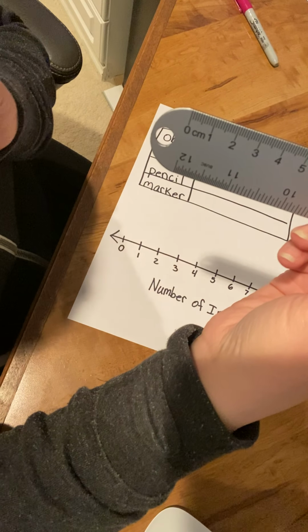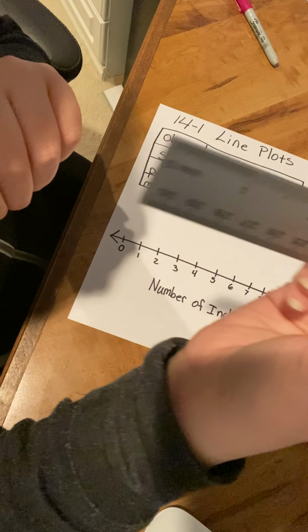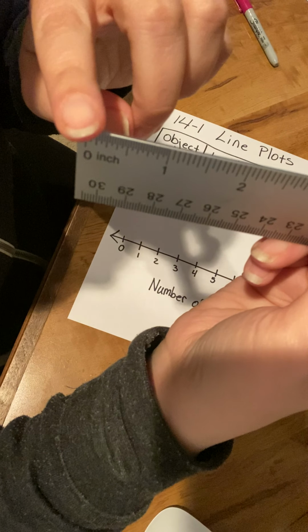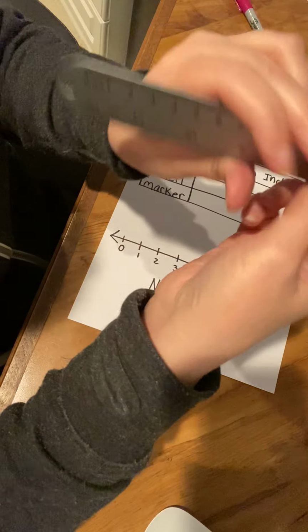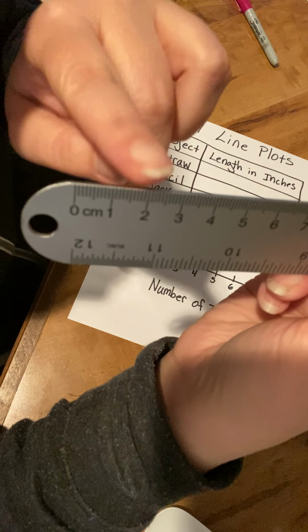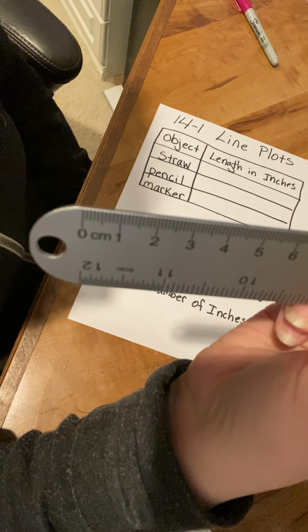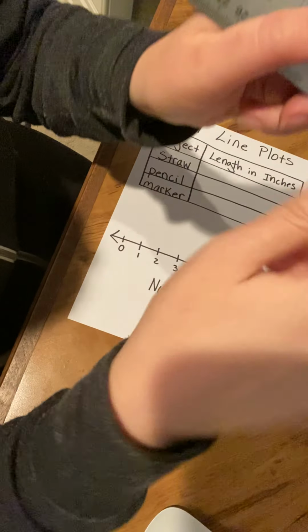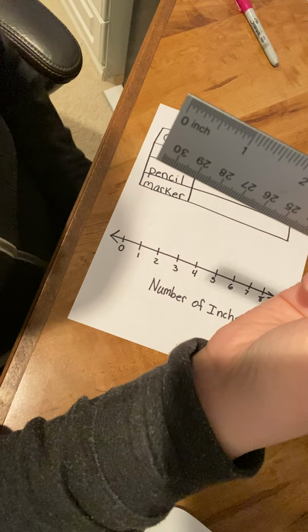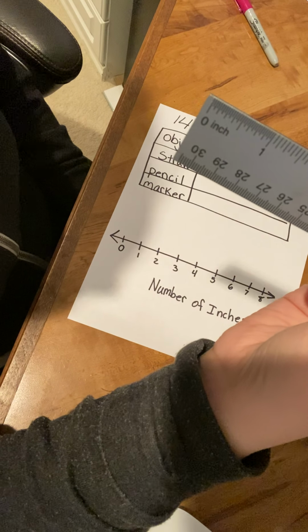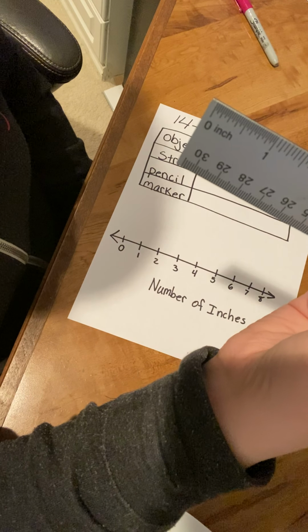Now, what you might notice is that for inches, we can see from 0 to 1, look at 0 to 1 in inches, and then look at 0 to 1 in centimeters. What's different about that? I'm hoping that you're noticing that there is more space between the 0 to 1 in inches, because inches is a bigger unit of measurement. Okay, so that is what we're going to be starting with today, inches.